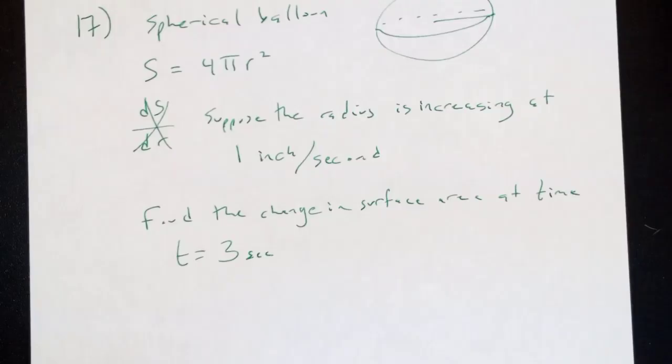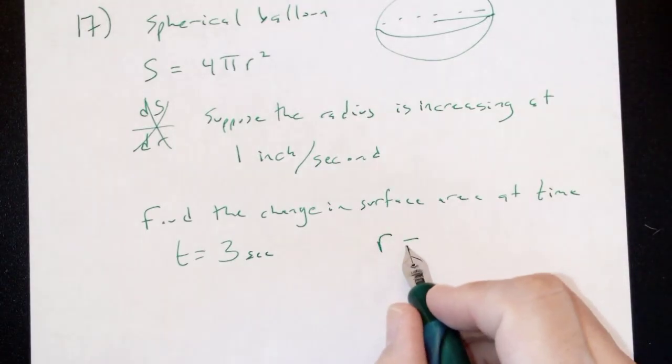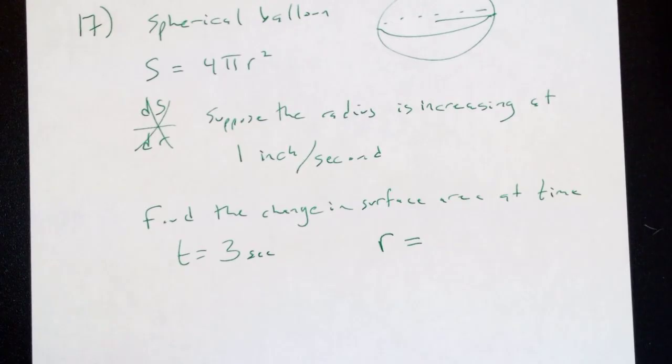Now this looks much more like problem 16, doesn't it? All right. If the radius is increasing 1 inch per second, then I can write an equation for the radius in terms of time. The rate of increase is a constant. It's 1.